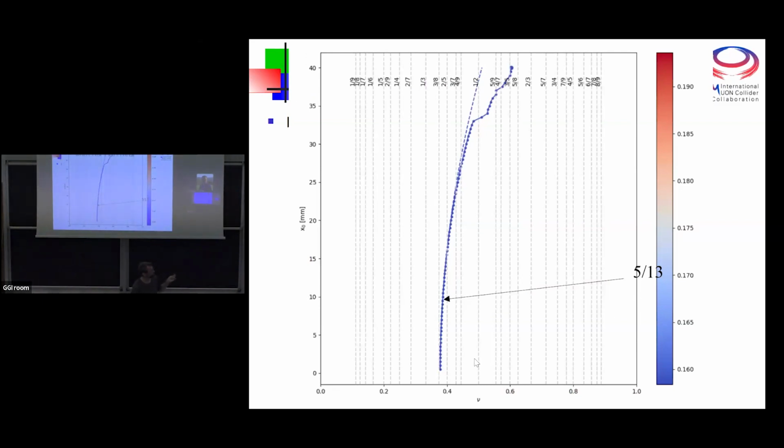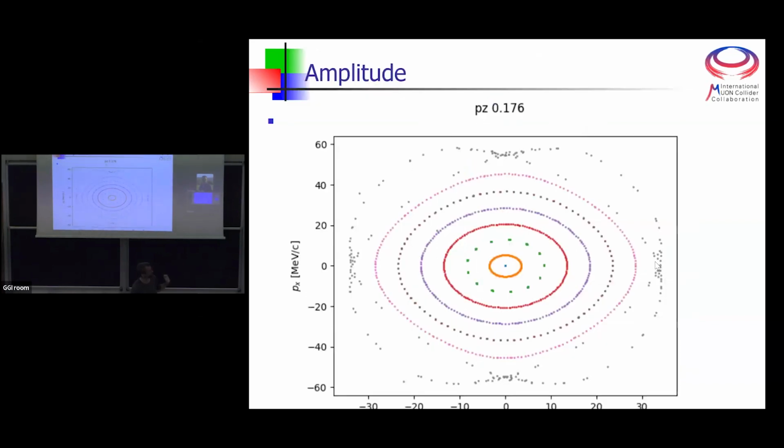So if I plot, now I have a few more particles, the tune as a function of x0, the distance from the center. And out here at 30 millimeters, we're crossing this half integer. If I go back to this slide, this is just at 30 millimeters. So this is just below the half integer resonance, just before it.